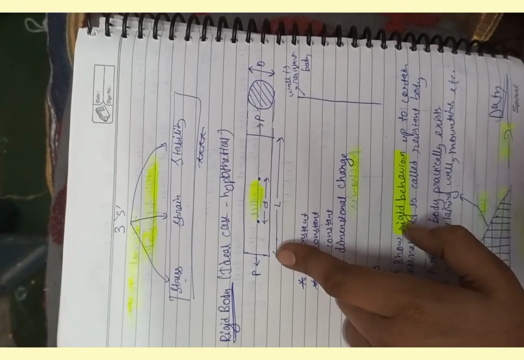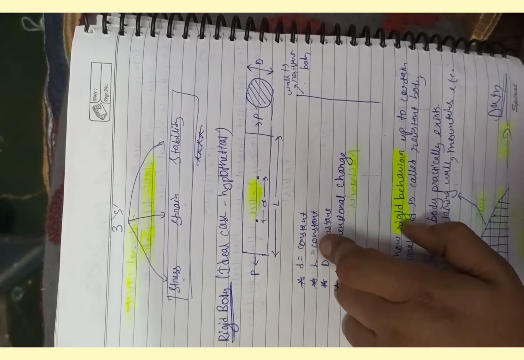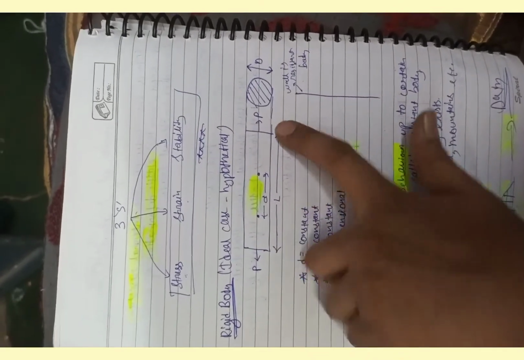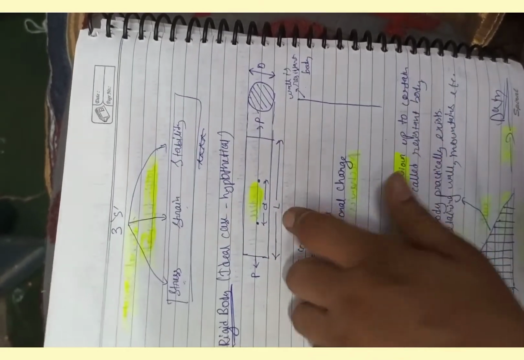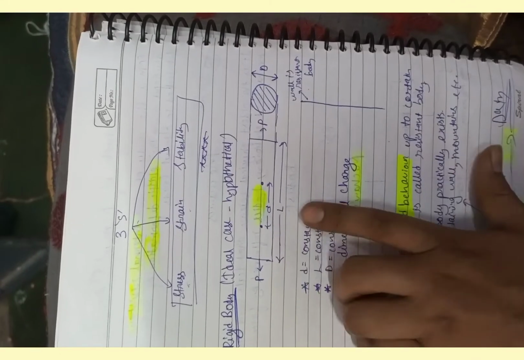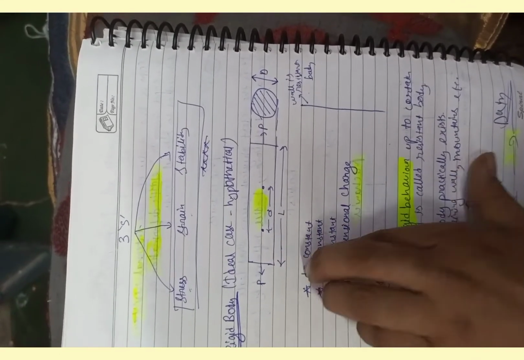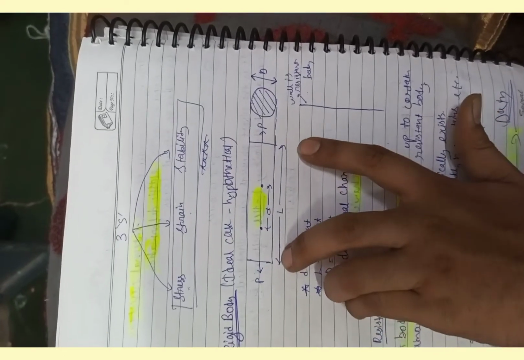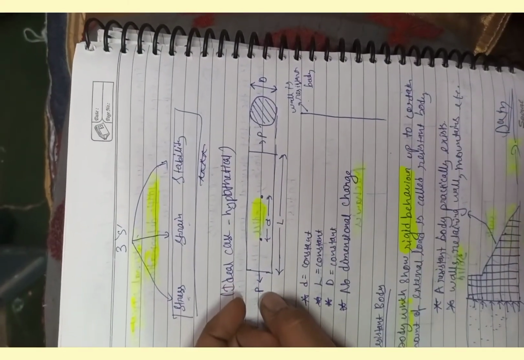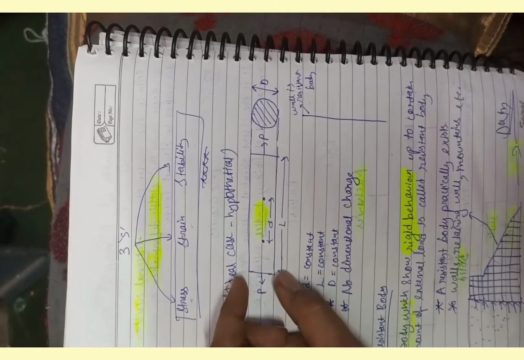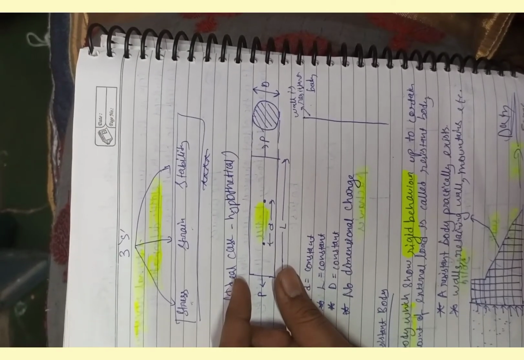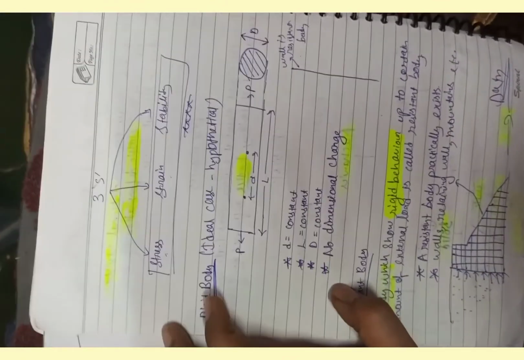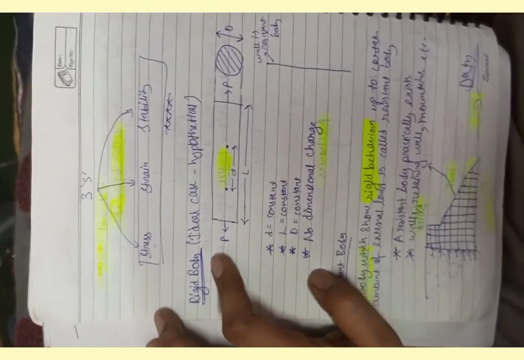But if there is a prismatic bar and I am stretching it, there is no change in the intermolecular distance, no change in length, no change in the diameter of the bar. That we will call a rigid case. It is a hypothetical situation, not a real situation.